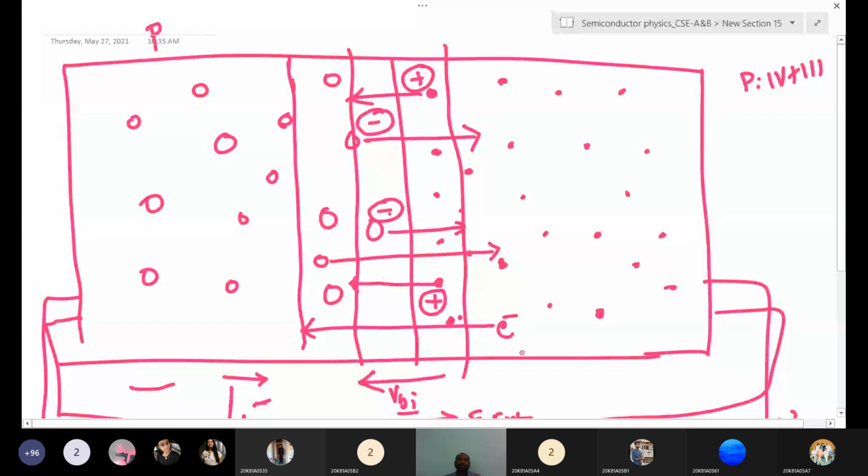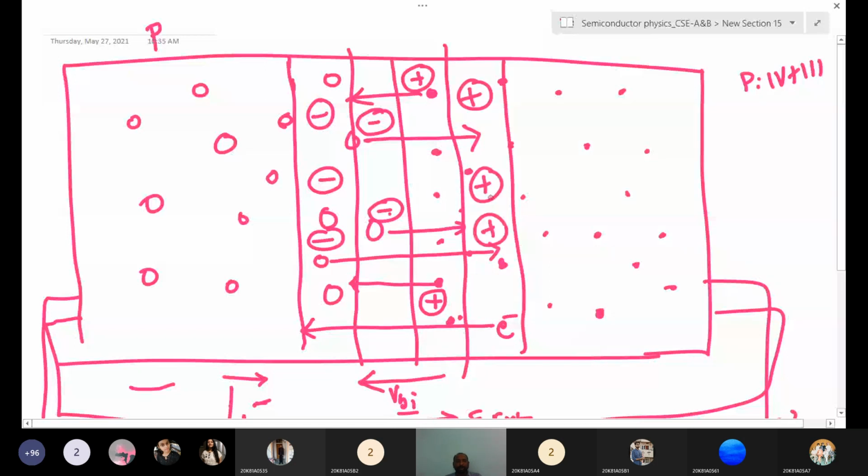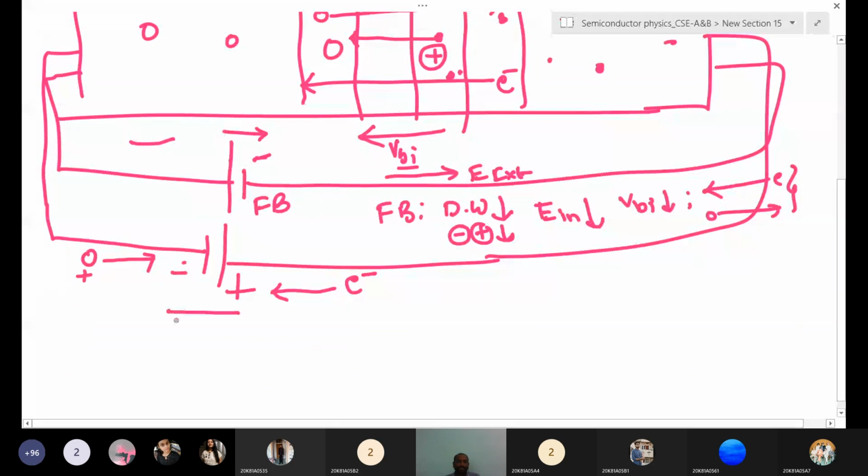In reverse bias, the depletion width increases, which means more negative charges are induced towards the P side and, at the same time, more positive charges towards the N side. Because of this, the internal and external field directions are the same, so the resultant electric field also increases.